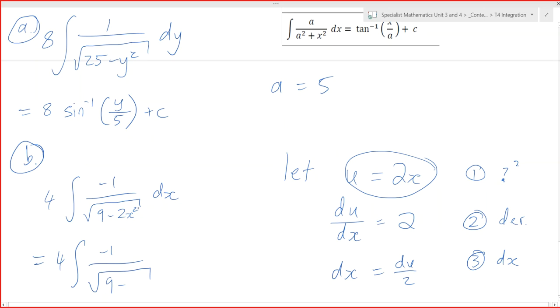So instead of 2x squared, I think I made a mistake. I think that should be a square root. So u squared is 2x squared. Yeah, sorry, I made a mistake. Okay?